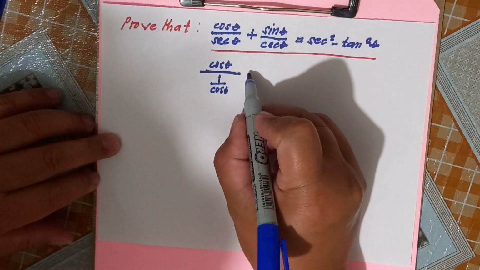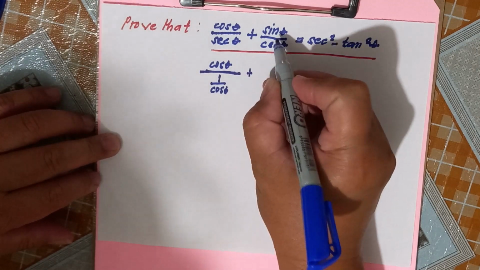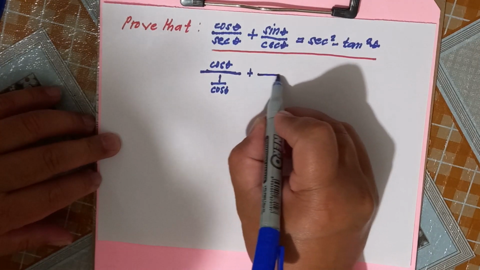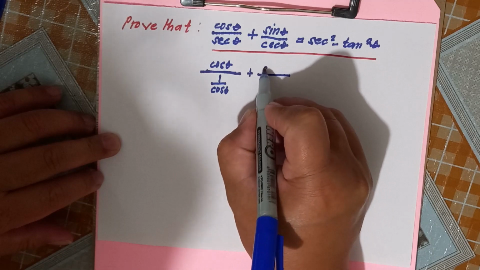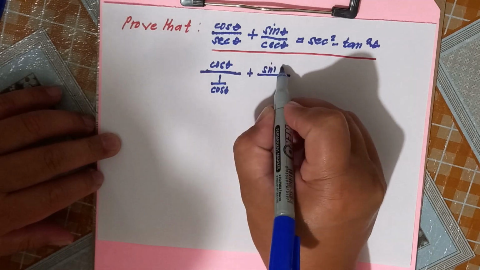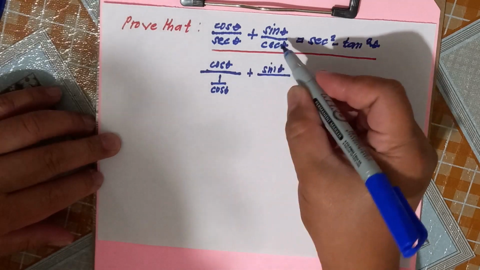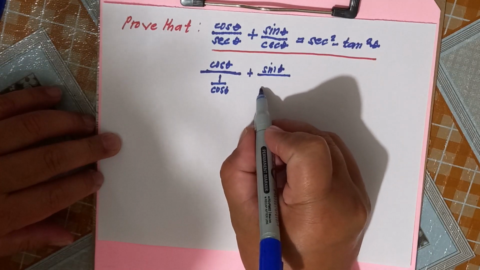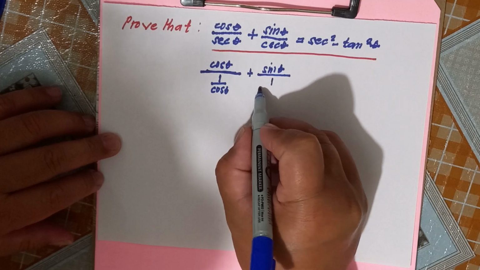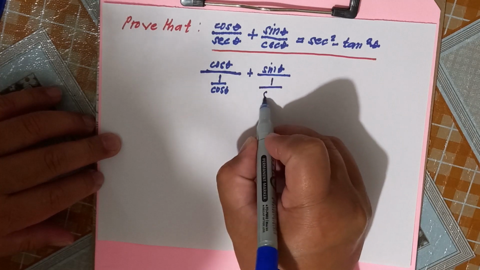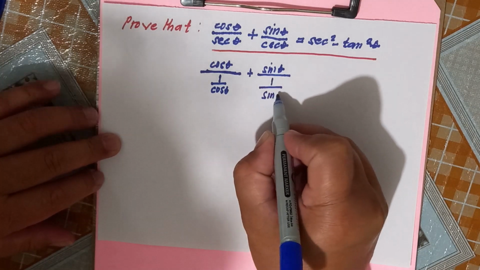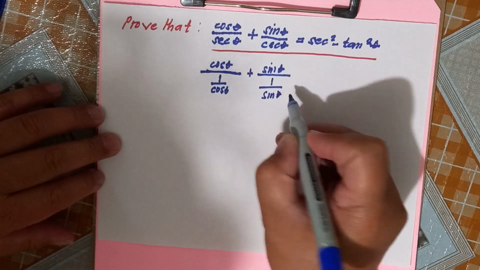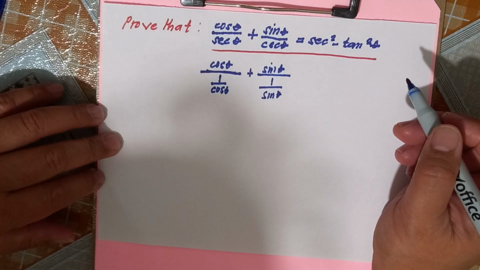Plus sine theta divided by the reciprocal of cosecant, which is the same as 1 over sine theta. Okay, over sine theta.